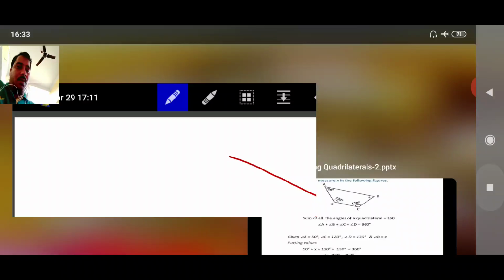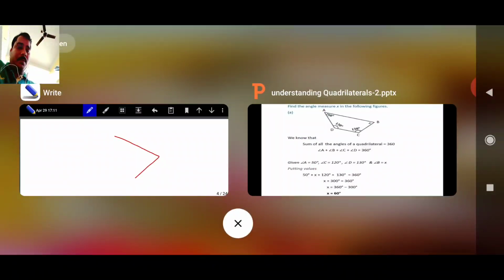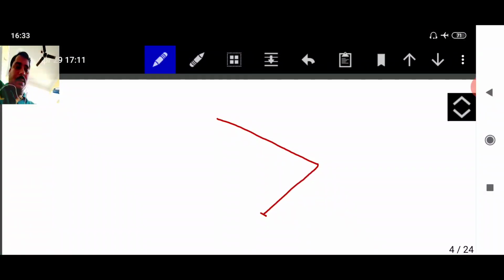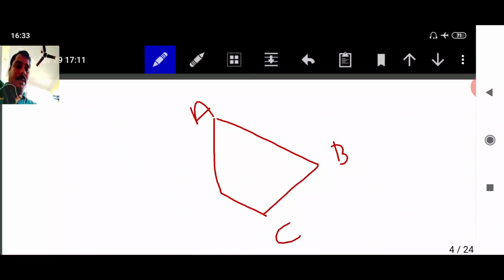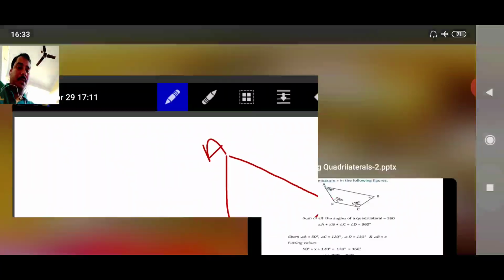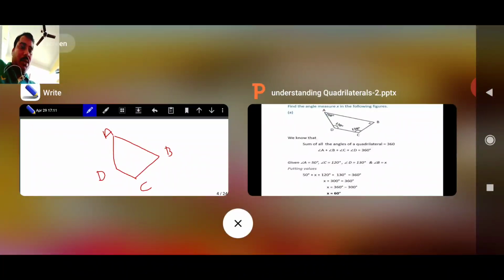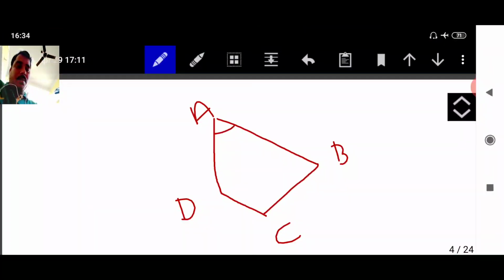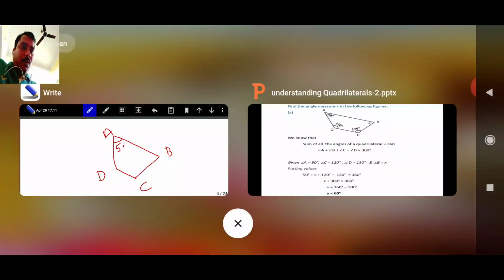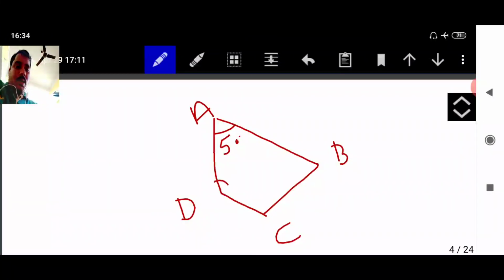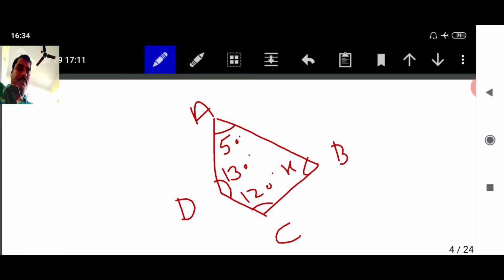This type is a quadrilateral. A, B, C and D. Angle measurements 50, 130, 120. Here 50, here 130, here 120, and it is x.